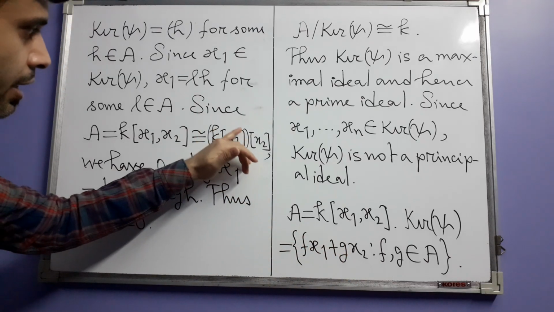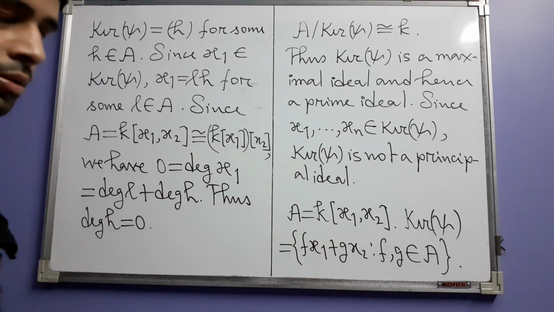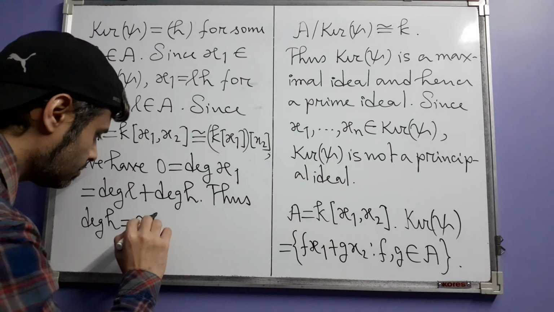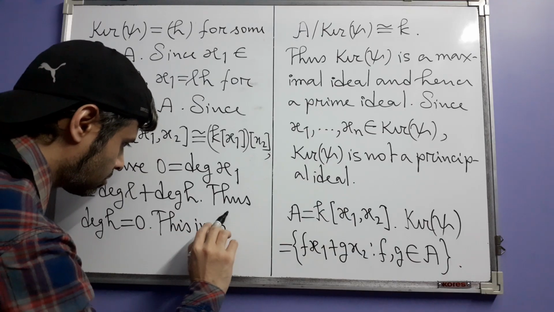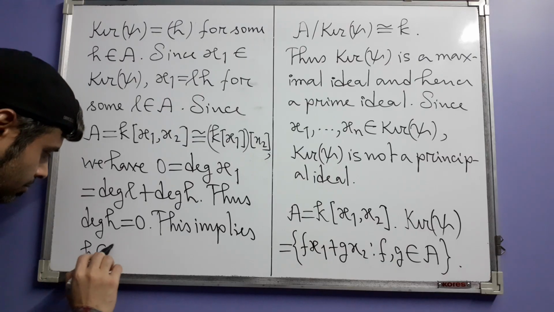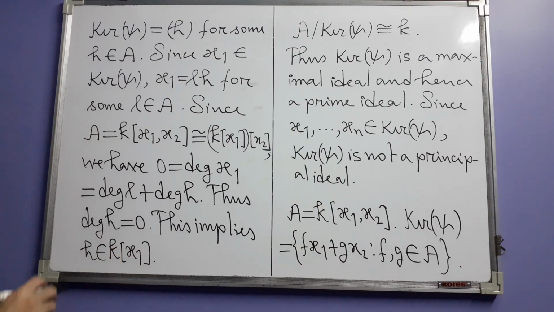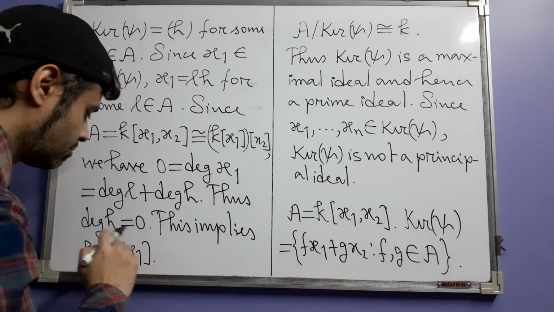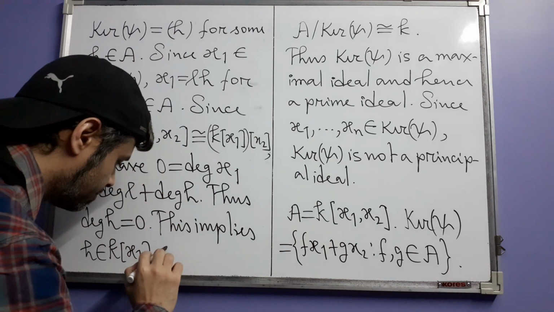So it will entirely actually be a polynomial in this k[x1]. This implies H belongs to k[x1]. But there is another thing also, there is another way of viewing this whole thing.